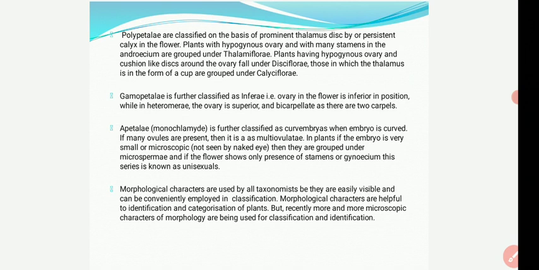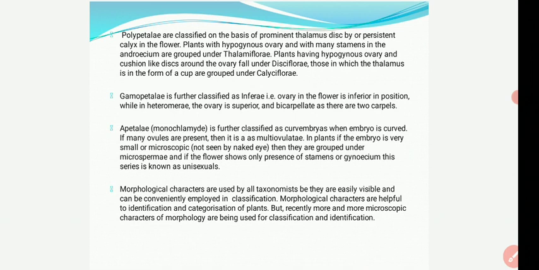Gamopetalae is further classified into inferae, where the ovary in the flower is inferior in position, heteromerae, where the ovary is superior, and bicarpellatae, as there are two carpels. Apetalae is further classified as curvembryae when the embryo is curved.